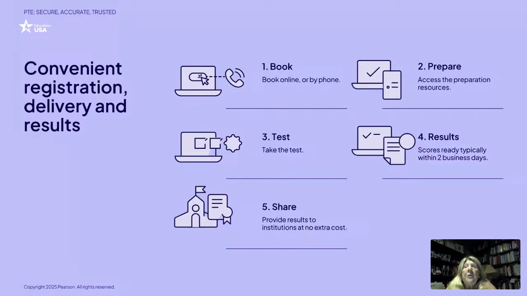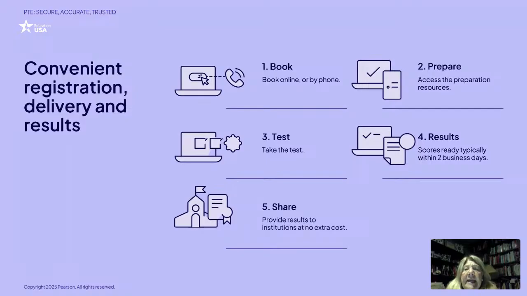Okay. So it is as we said again, because this is a newer test, it is very easy to register. You just go online. What you will do first is you will create a PTE account. And the reason you create that account is because the scores will come back to you.